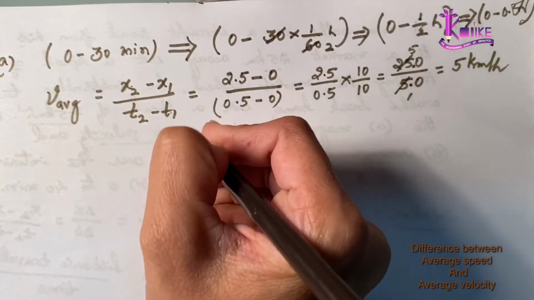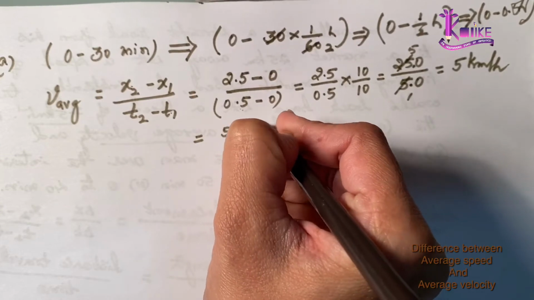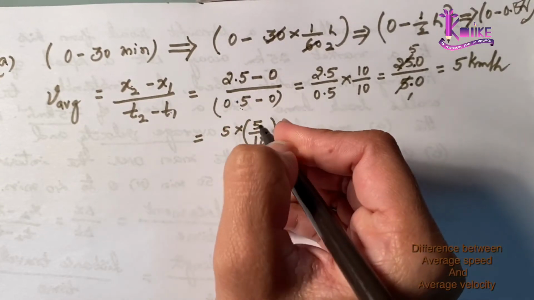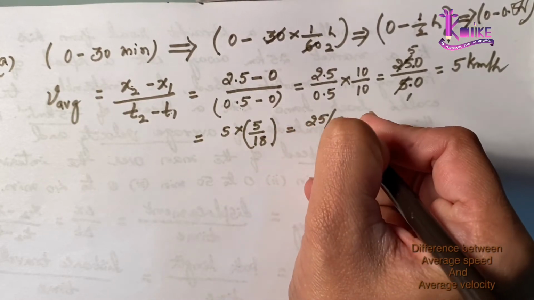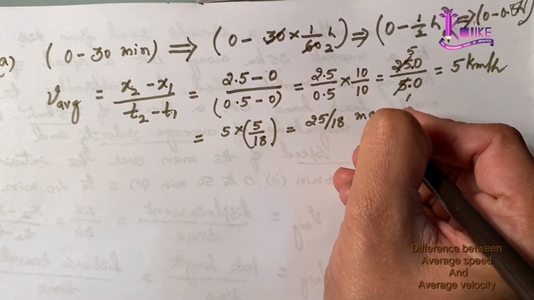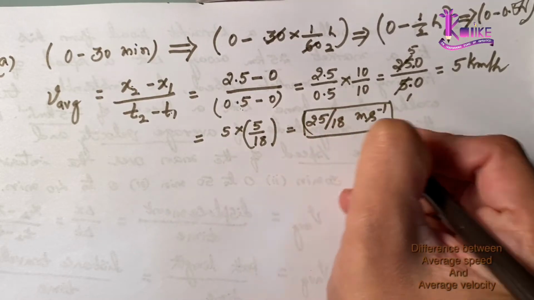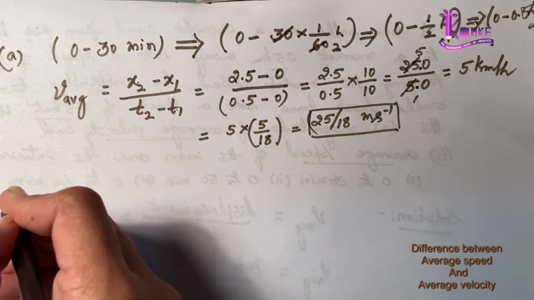Now if you want to keep that into meter per second, what you have to do is just multiply this by 5 by 18 to convert it into meter per second. So that is nothing but 25 by 18 meter per second. Right? You can even divide it and keep it in decimal form.